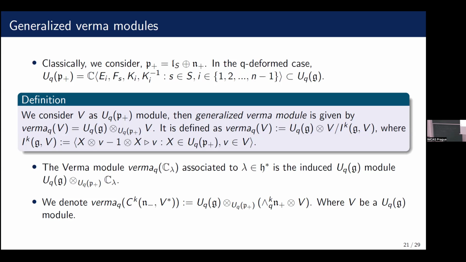And for the co-chain complex, what we described in the case of q deformation of Kostant, I take the notation of this Verma C_k, n minus wedge B star. This small k is the degree of the wedge power.